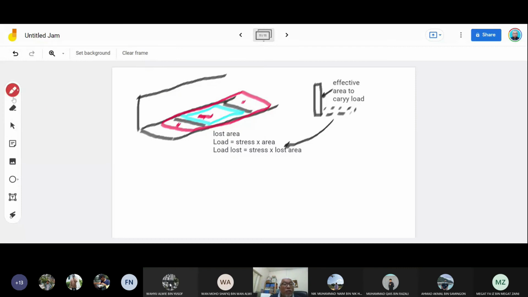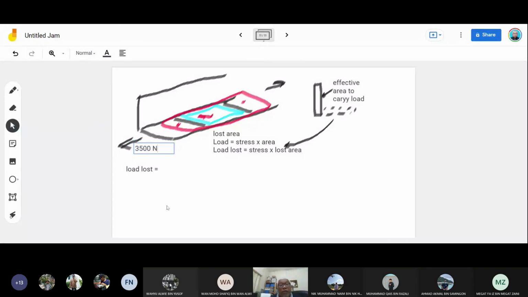So for this situation, load loss here, okay, load loss. Say we carry the same 3,500 Newton. So simplify, say this structure here is loaded to 3,500 Newton.